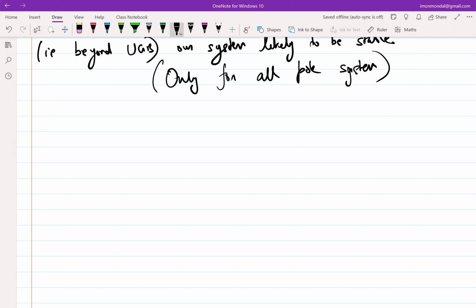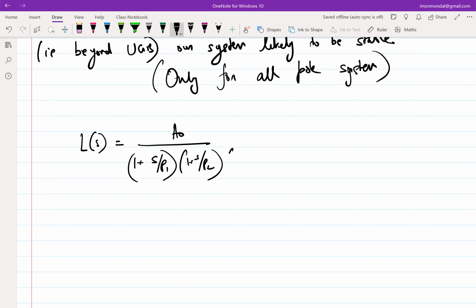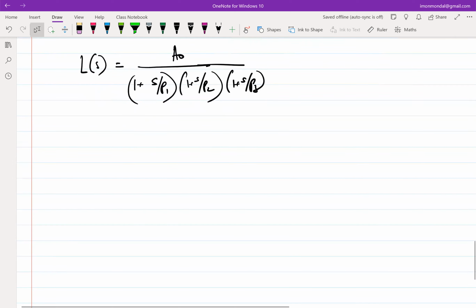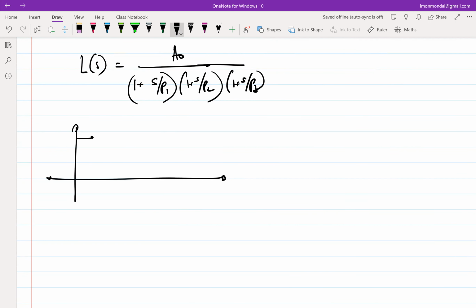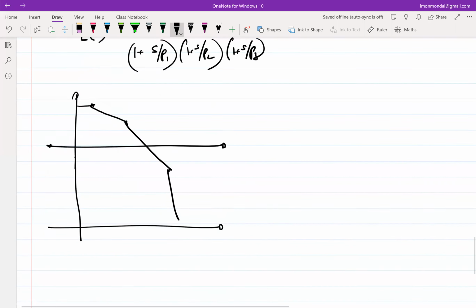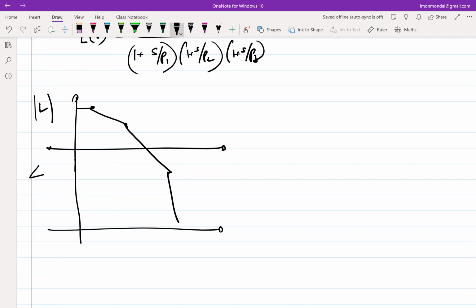3 poles. So let's say L of s is A naught by 1 plus s by P1 and so on. So you will have something like this, mod of L. Start from 0.